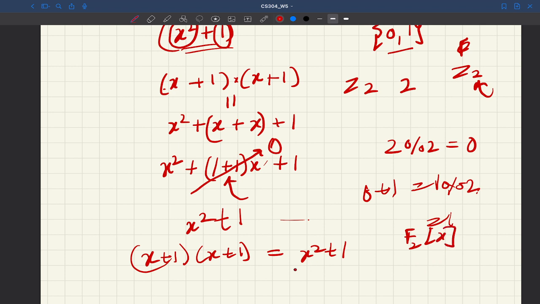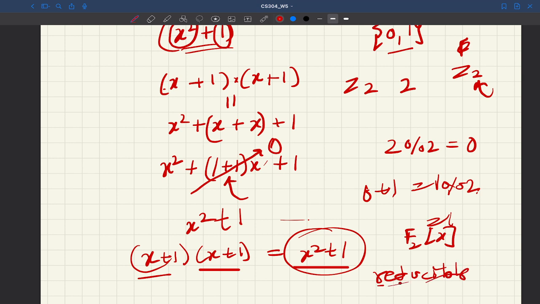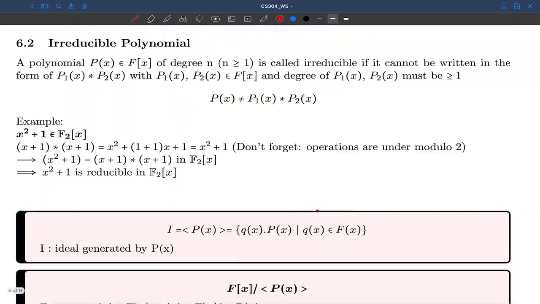Okay, so now I have expressed x square plus 1 as the product of two polynomials. So I can say that this polynomial is not irreducible, it is reducible. This is reducible because I have reduced it into the product of two polynomials. So I hope you got it.